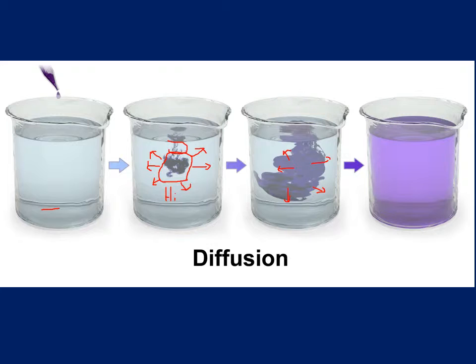So that's the process of diffusion, and the biggest thing again is from high to low concentration.